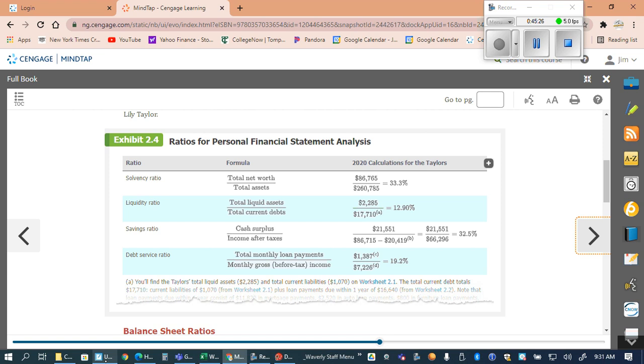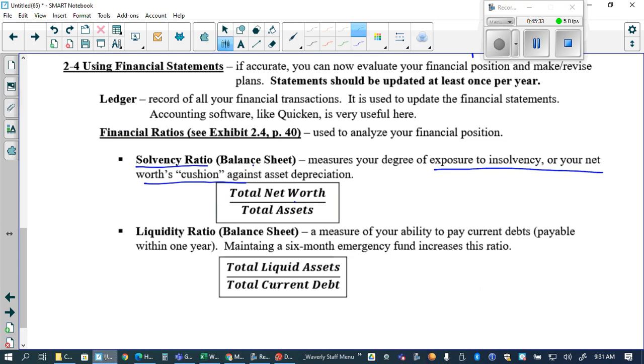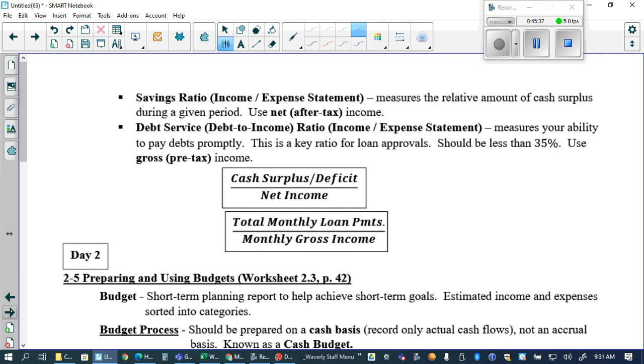Now let's go to the ratios that come off of the income statement. We're almost to where I want to get to. So the savings ratio. Okay, formatting problem. This should be up underneath the savings ratio. Off the income statement, you're going to have the cash surplus or deficit, your bottom line. If you divide that by net income, that tells you about your savings.